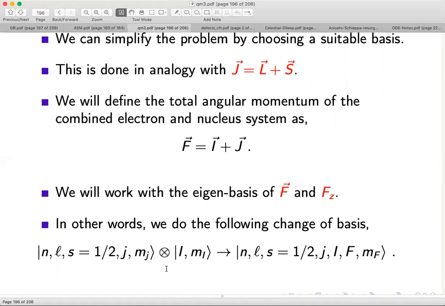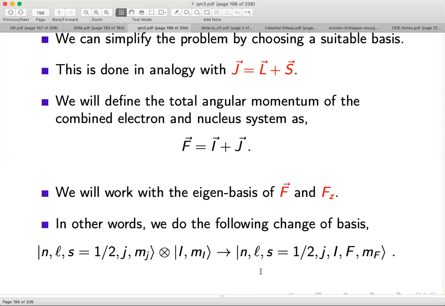But our total basis is this tensored with the nuclear basis, which is I, MI, and we go from this basis to a new basis, which is n, l, s equals half, j, I, F, MF.